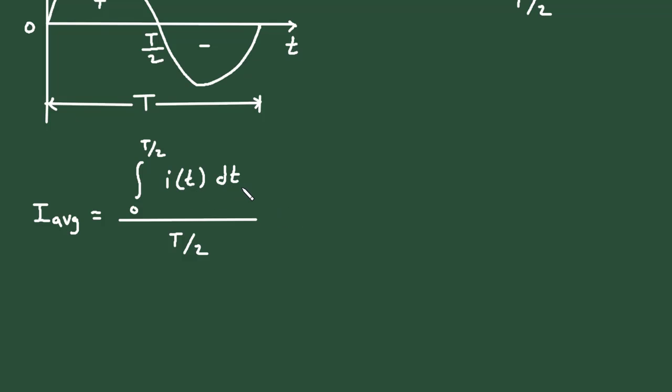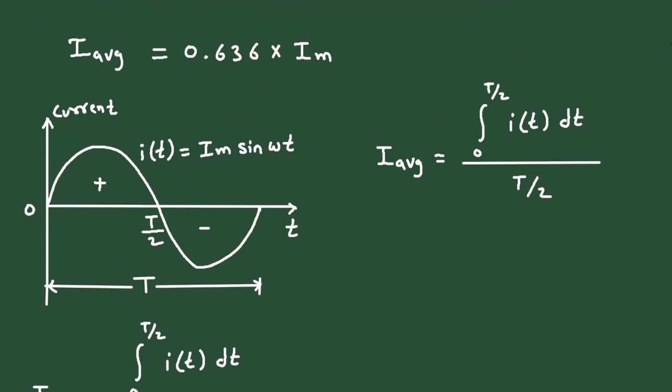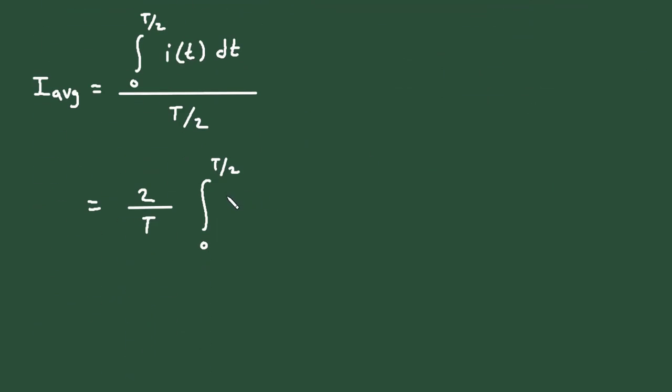We can rewrite this as 2 by T, integration from 0 to T by 2, and I of t can be written as Im sine omega t dt.